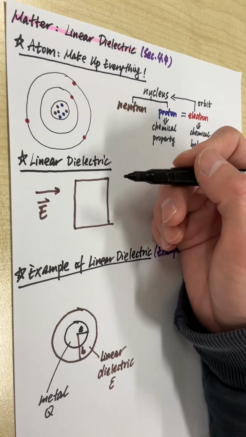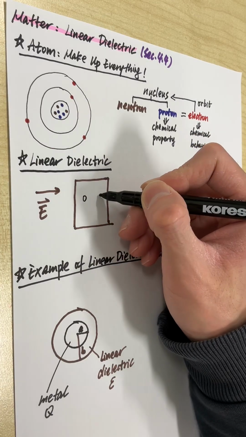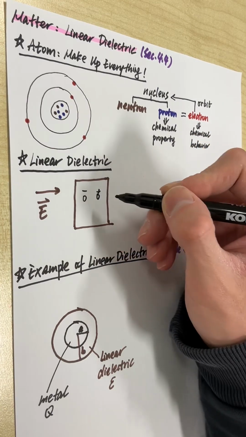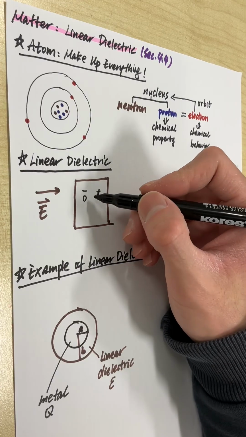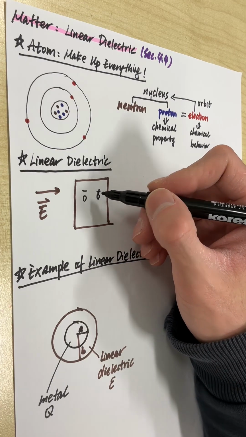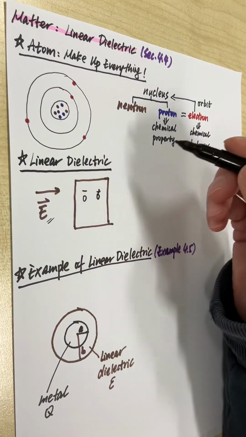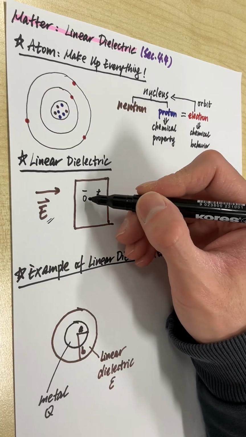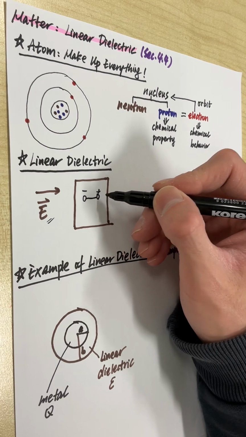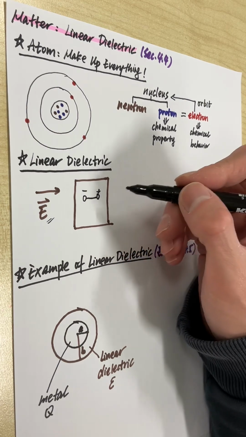But what happens in a linear dielectric is that the positive charge will be pushed to move towards the same direction as the electric field, but it wouldn't go far because the attraction between positive charge and negative charge is too strong. It kind of stops.